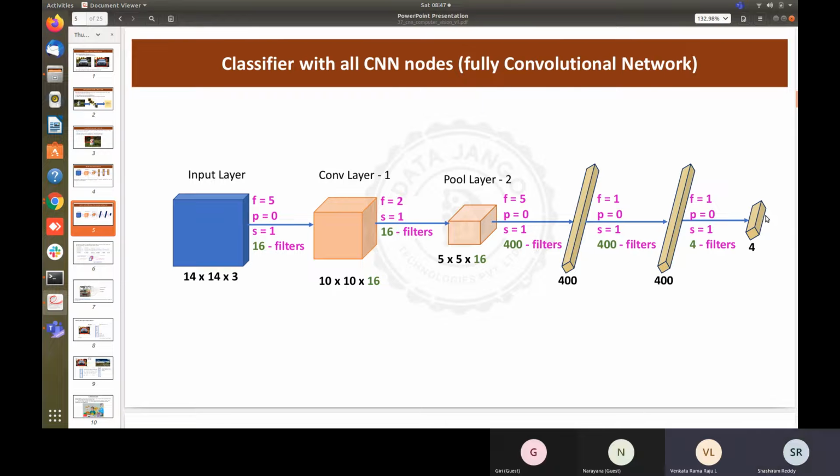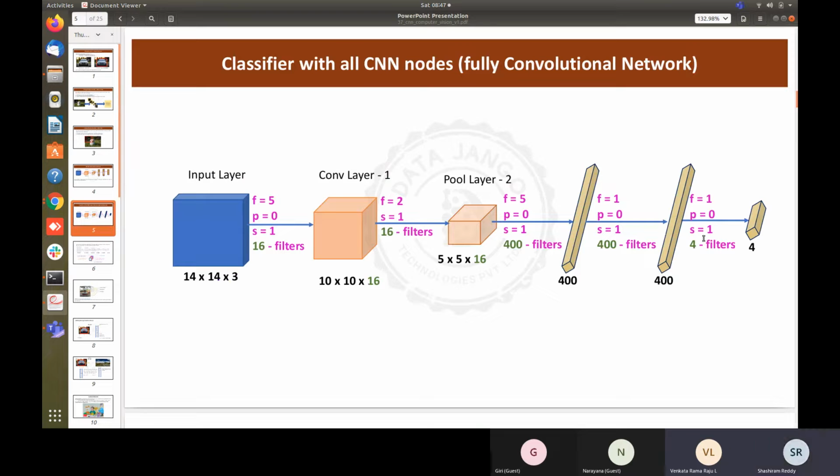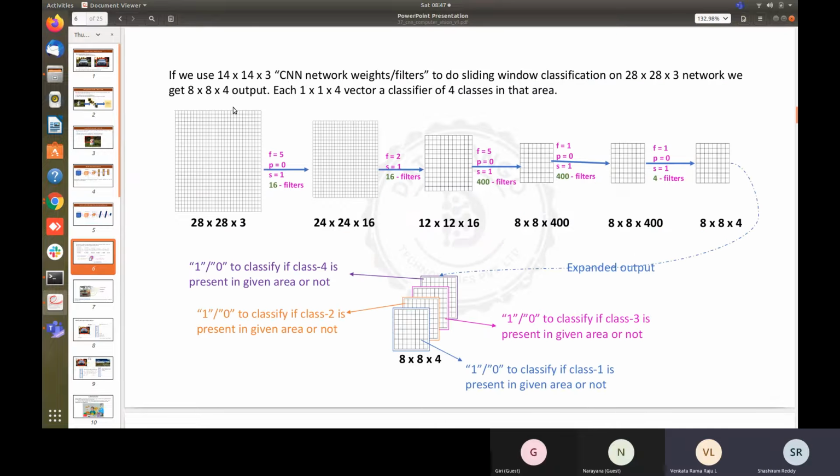So if you take a bigger image and try to train, these kinds of 4 by 1 by 1 outputs will be more, because there will be many areas of this kind of small picture. In each area you are trying to predict whether one of the classes is present or not.